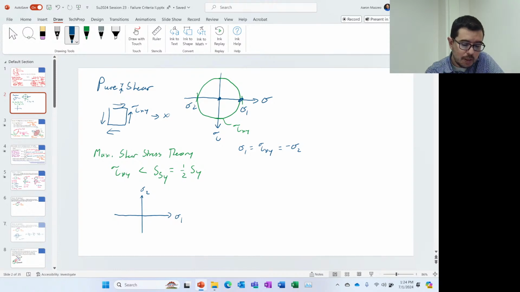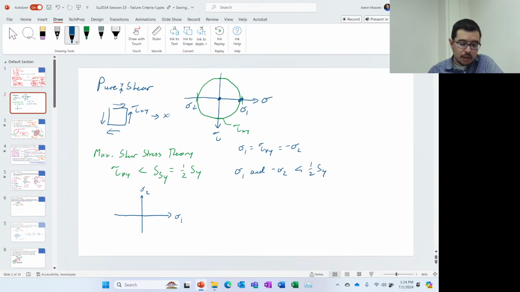So what this means is that sigma 1 and the absolute value of sigma 2, let's say negative sigma 2, have to be less than 1/2 SY.